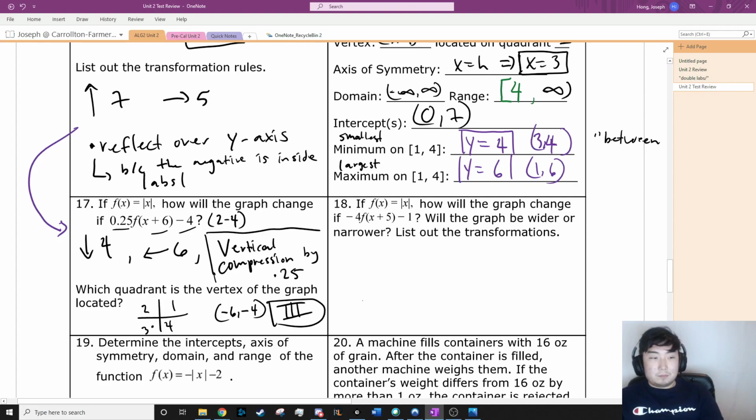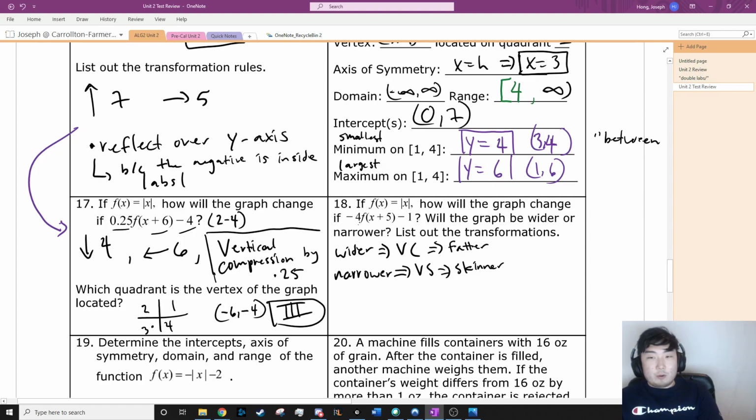So, first of all, know that wider is vertical compression, and narrower is talking about vertical stretch. And wider is talking about getting fatter, as you can tell by the word. And narrower is the same as getting skinnier or faster.